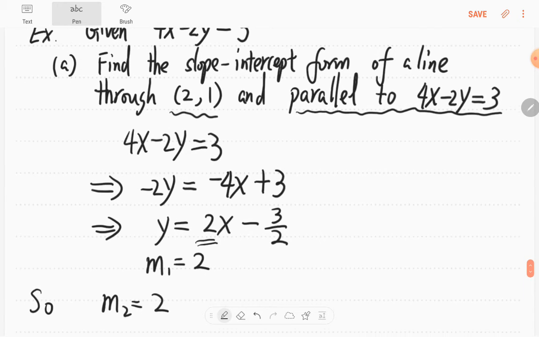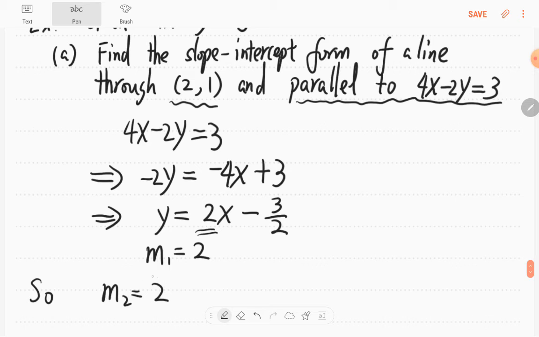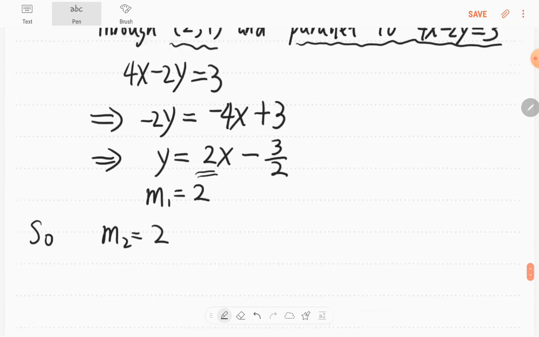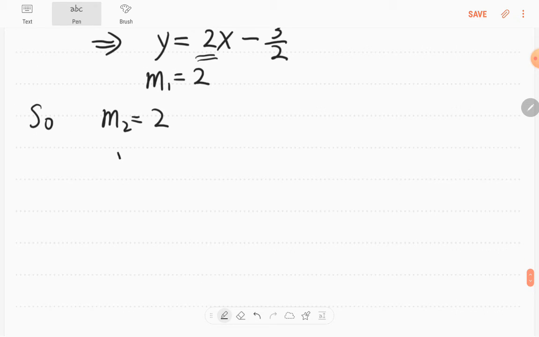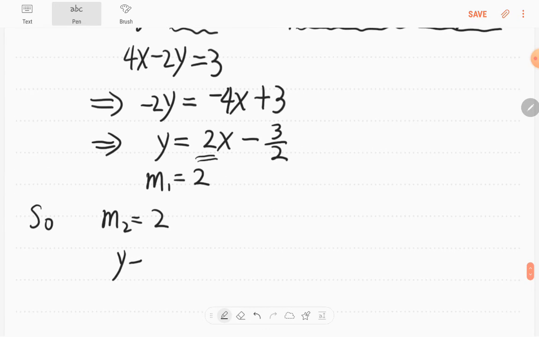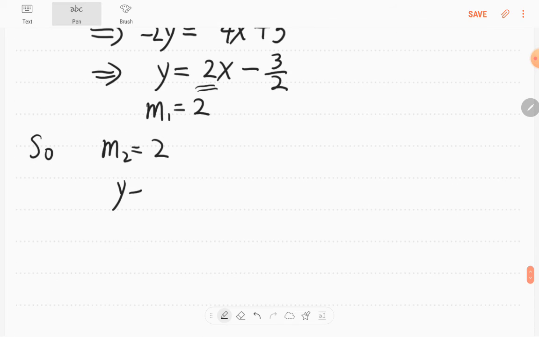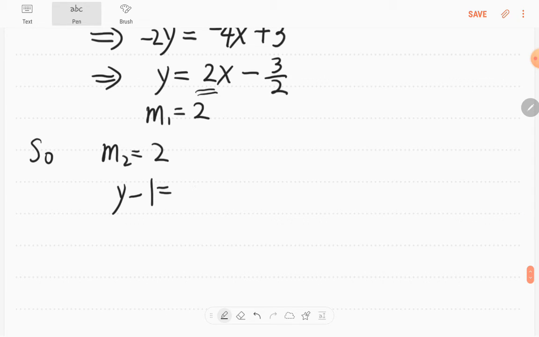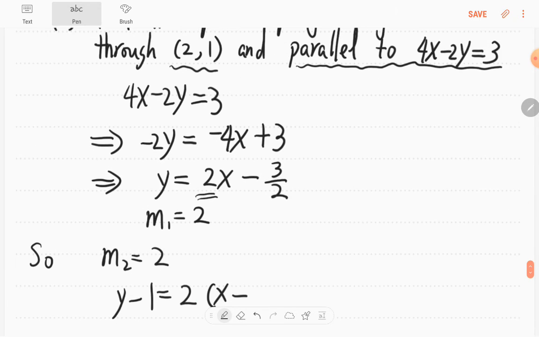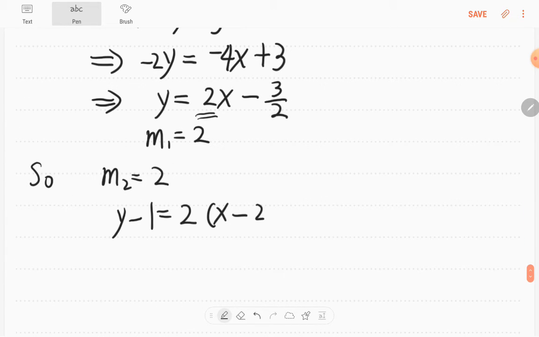Okay, so our new line still has the slope 2, and we have the point (2, 1), so we can use the point-slope form. So y minus y1, which is 1 here, equals m2, which is 2, times x minus 2. This is the point-slope form.